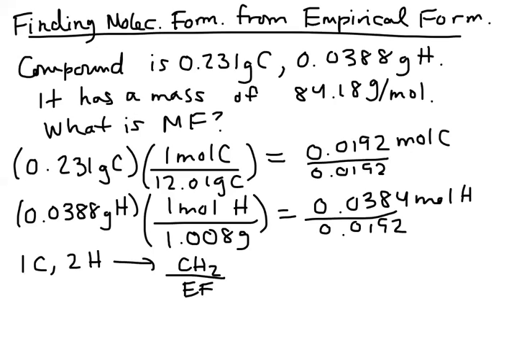For example, Fe2O3, you can't divide that anymore, so your empirical formula and your molecular formula are the same. In this case, we have to figure out whether we need to multiply this by some factor to get our molecular formula. We're going to do that by comparing the mass of the molecular formula to the mass of the empirical formula and seeing how many times it goes into that.